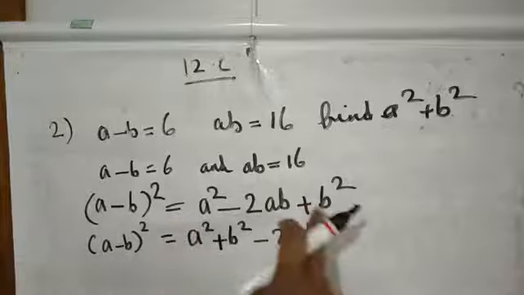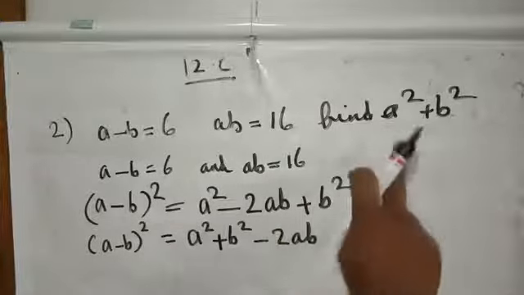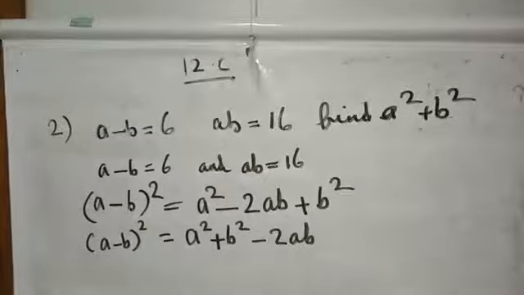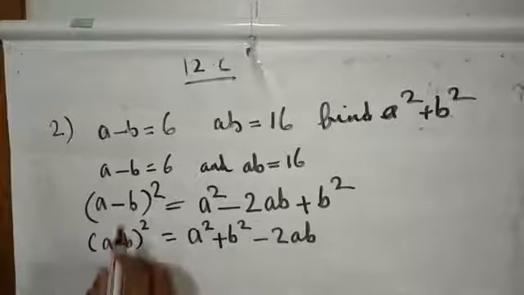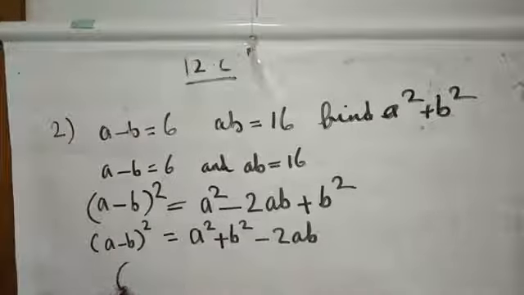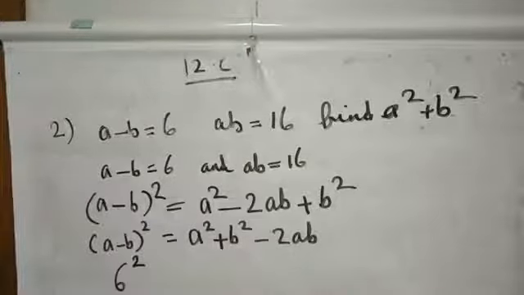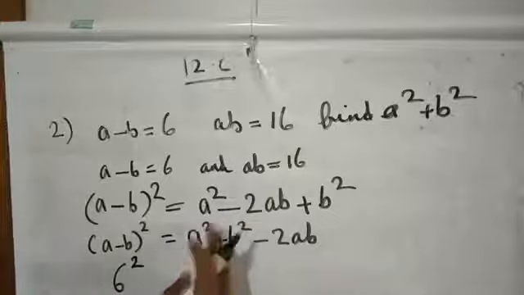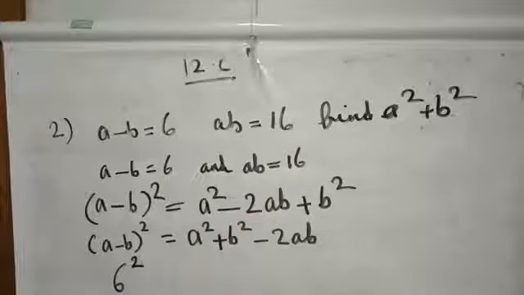A square, then write plus b square, then minus 2ab. So here we want to find a square plus b square, that's why. Now what is a minus b? A minus b is 6. So 6 square. According to our expansion, a minus b the whole square is a square plus b square minus 2ab, or a square minus 2ab plus b square.